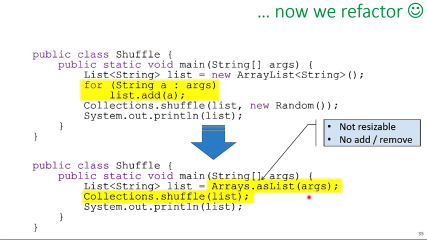But if you take a list and you extract the elements into an array, you do not get a weird array. You get a traditional Java array. What makes it weird here is that it's kind of a subset of the features you would expect from an ArrayList. So you cannot add or remove, which means you cannot resize. So that's the main bug here.